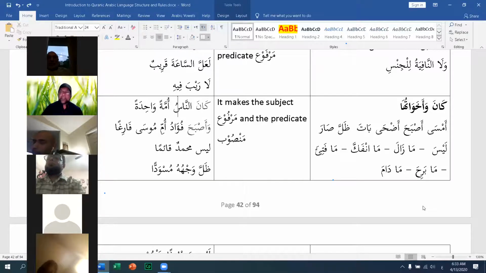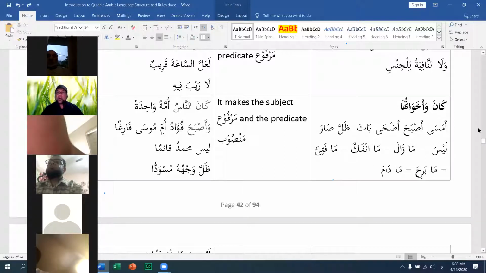The grammatical effect, I should rephrase my sentence. What is the grammatical effect of putting kana on Jumla Ismiya? It makes the subject marfu' and the khabar mansub. Correct, that's it.